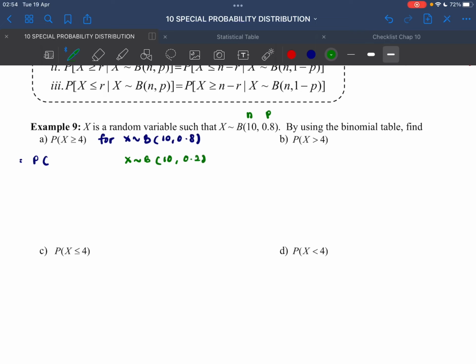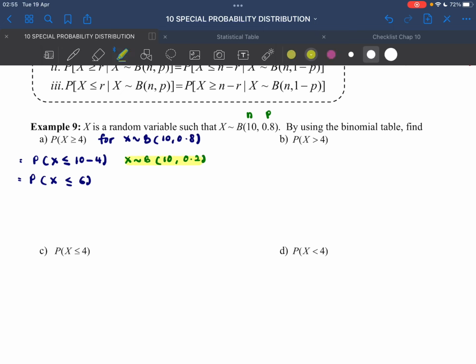Not only the distribution, we also have to change the probability. So X greater than or equal to 4, we change to less than or equal to n minus r. So our n is 10 minus 4. So what we want to find is actually P(X less than or equal to 6) with this distribution here.